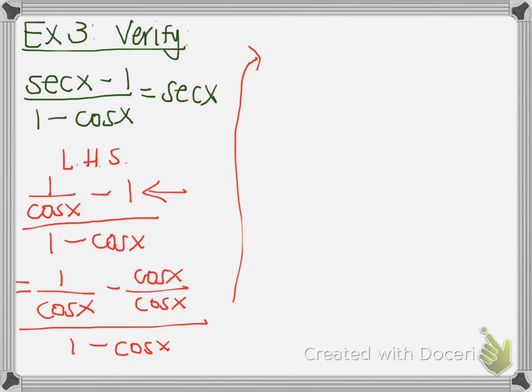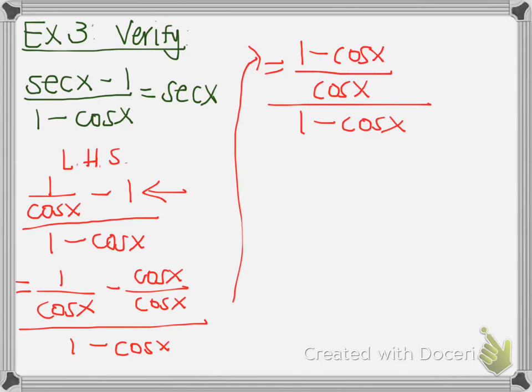If we continue, the numerator now becomes 1 minus cosine x, all over cosine x, and this is all over 1 minus cosine x.